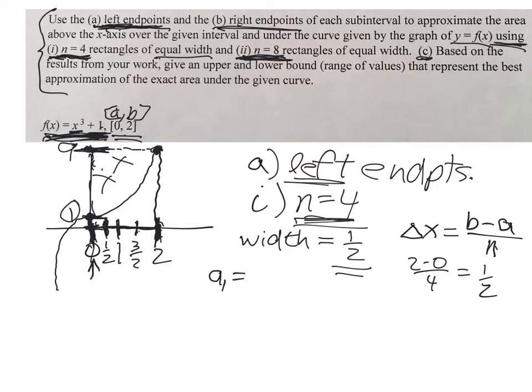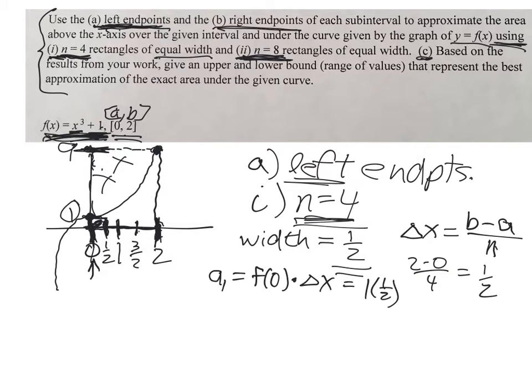The area of this first rectangle would be f of 0 times delta x, which we already calculated. f of 0 is 1, delta x is 1/2. This area right here is going to be 1/2 square units. Okay. Now what about the second rectangle?